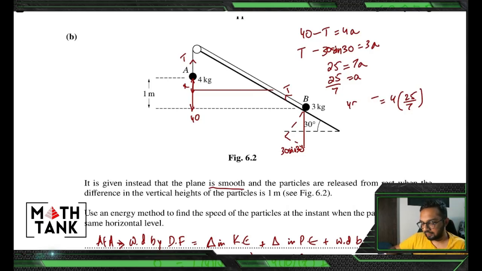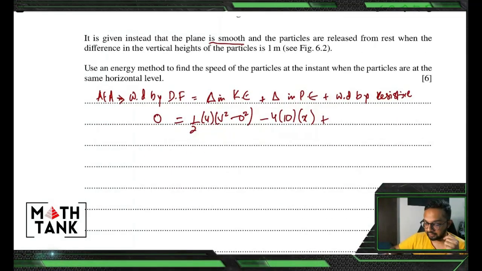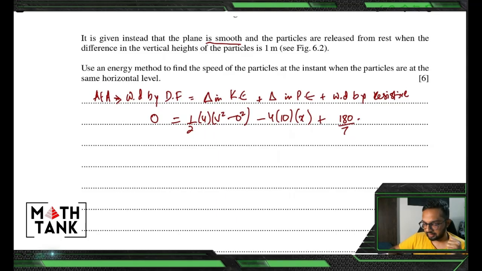It's 180 over 7 equals T. So I have T, so I can use that as a resistive force, 180 over 7. And how much distance is it traveling? It's traveling a distance of x, like the entire particle.